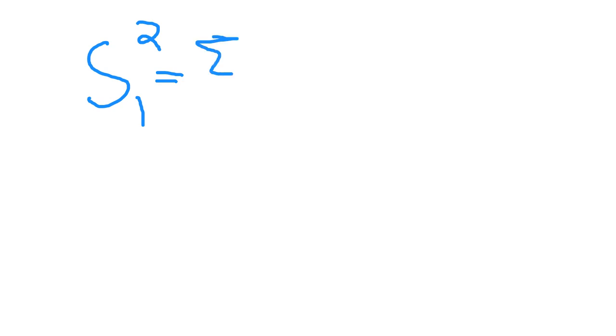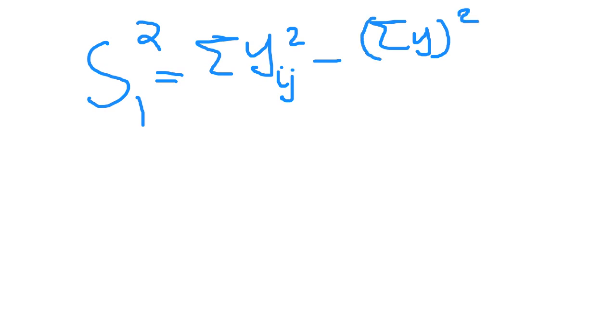It means summation of Yij squared minus summation of Y, all squared, over n, divided by n minus 1. Is this not the sample variance?